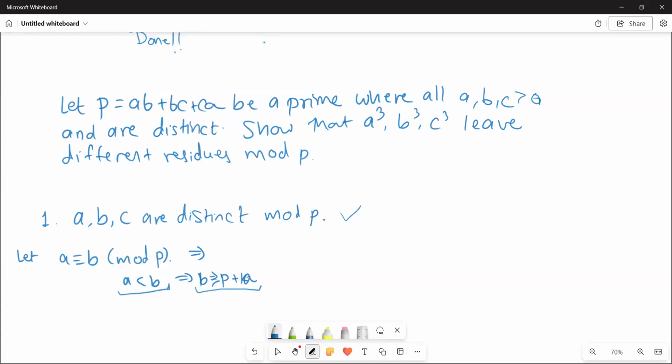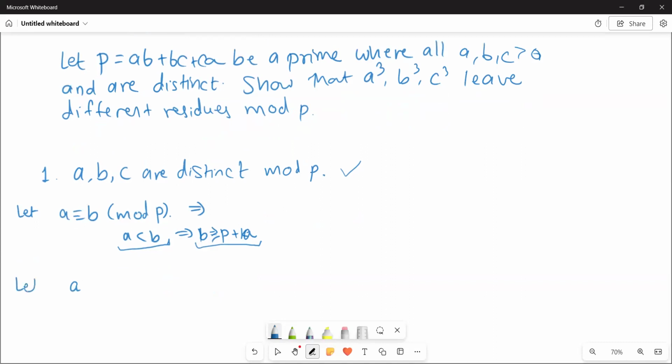I have another solution. Okay. We assume the contrary, that A cube is congruent to B cube mod P. Then we factorize it: A minus B into A square plus AB plus B square is congruent to 0.